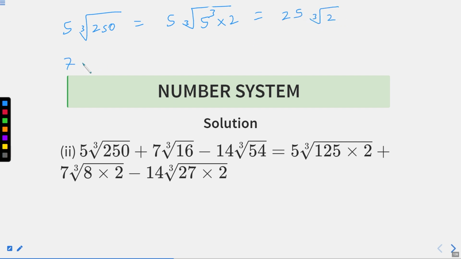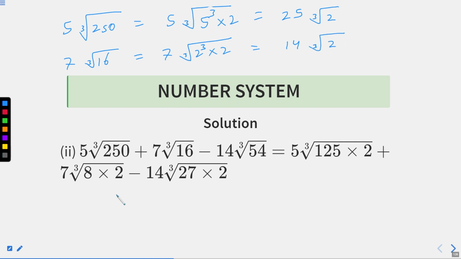Now 7 cube root of 16 is equal to 7 cube root of 2 cubed times 2, which further equals 14 cube root of 2.